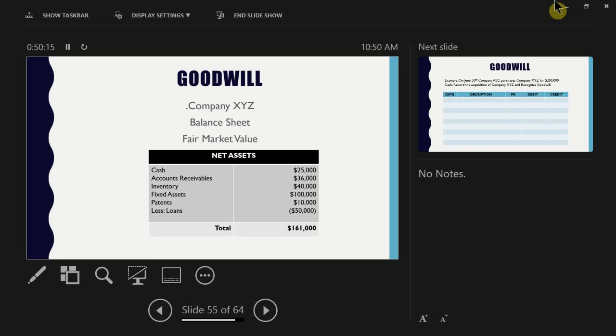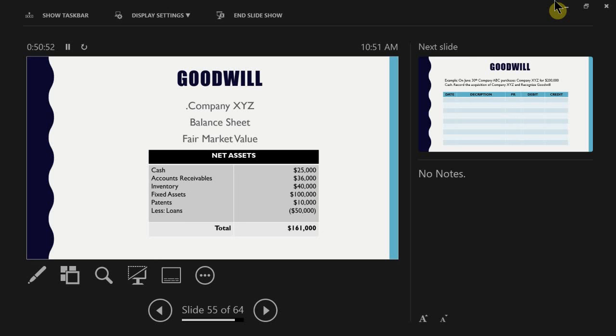Because I'm looking at the net assets, which is total assets minus liabilities, loans are going to stay the same, because if you owe money, it stays the same. That's assuming when you acquire the business, you pay the loan right away, so I have to subtract that out. So my total net is now $161,000, whereas my book value was only $132,000. So it increased by a lot.